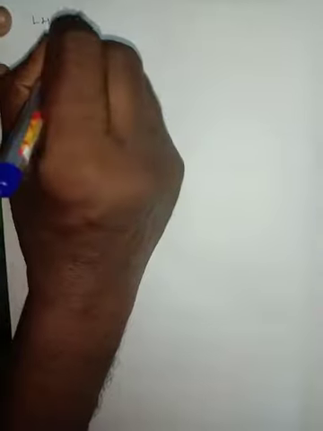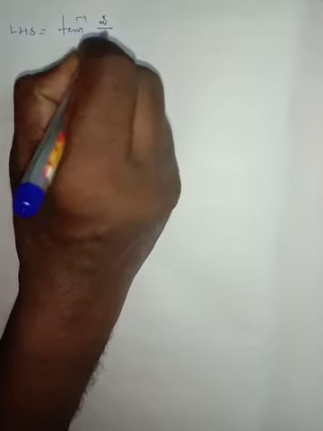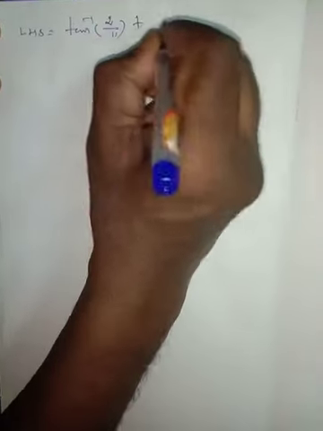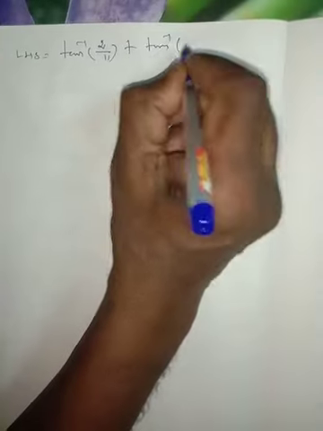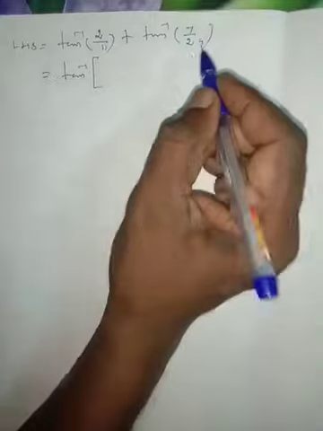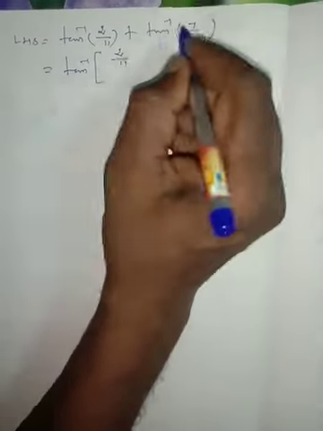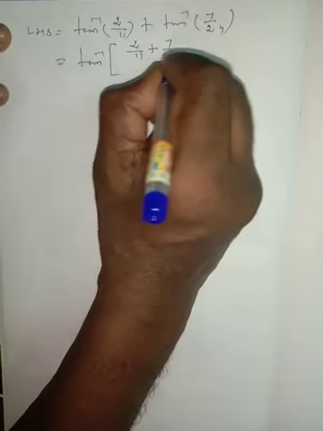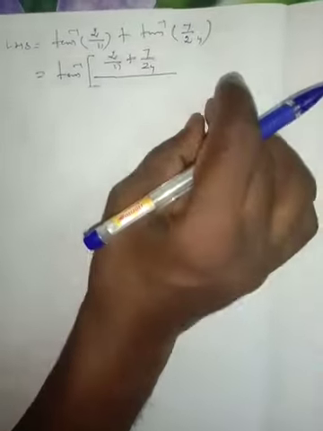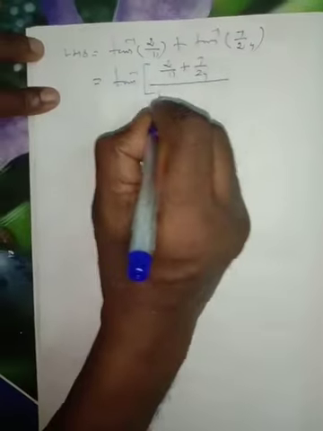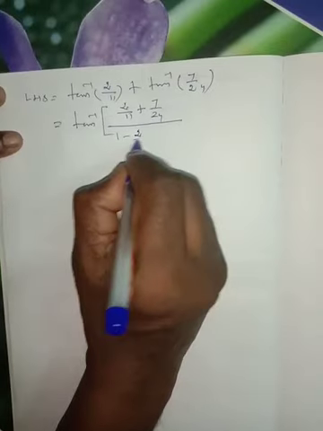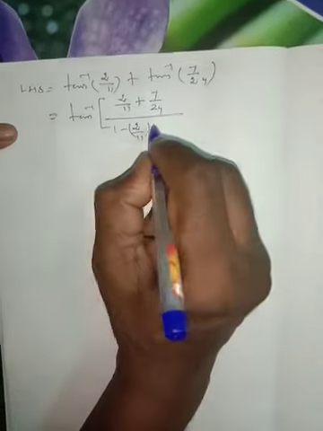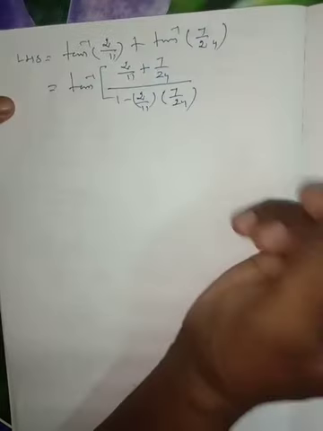LHS equal to tan inverse of 2 divided by 11 plus tan inverse of 7 by 24 is equal to tan inverse of 2 by 11 plus 7 by 24, whole divided by 1 minus 2 by 11 into 7 by 24.